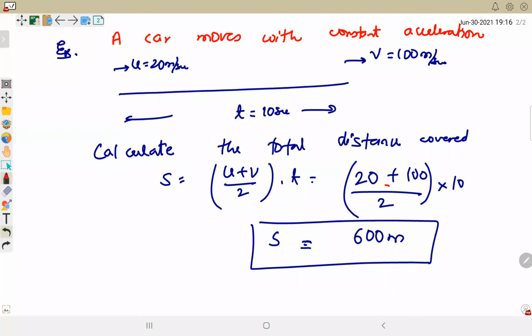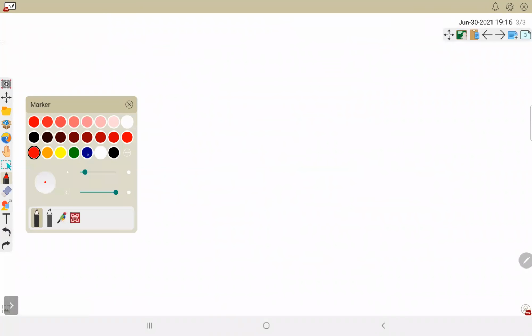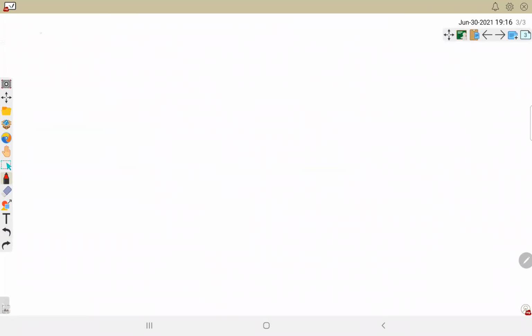Fine. So first we'll do some questions based on those equations that we derived, and then we'll do the questions from the DPP. So next question is, suppose a particle starts a journey.